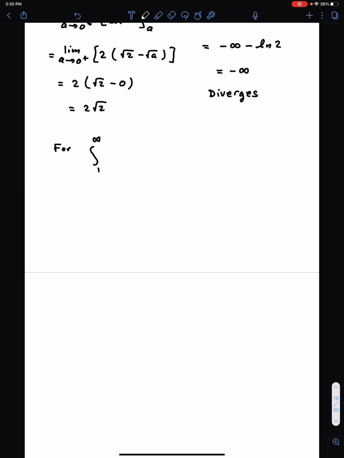So this is helpful while you're going through these improper integrals. The integral from 1 to infinity of dx over x to the p is equal to 1 over p minus 1 if p is greater than 1 and diverges if p is less than or equal to 1.